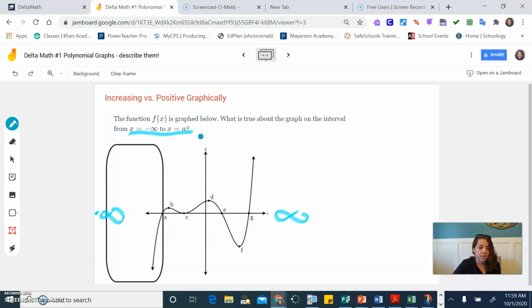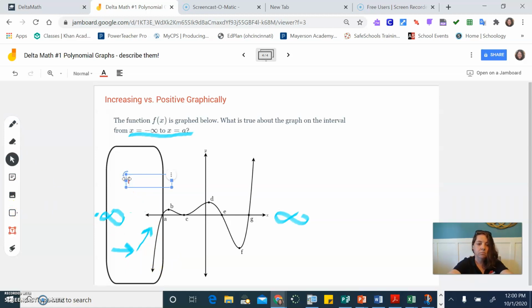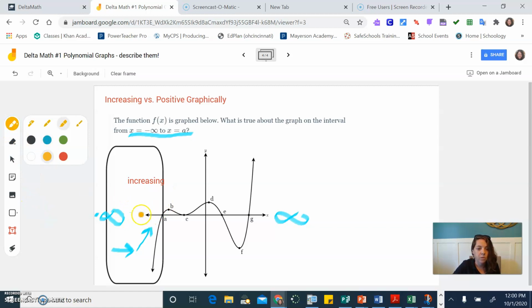What's going on in that direction? Well, as you go to the right, is this thing going up or is it going down? It's going up. So we would call that increasing. We also need to check, is this part of the graph above or below the x-axis?